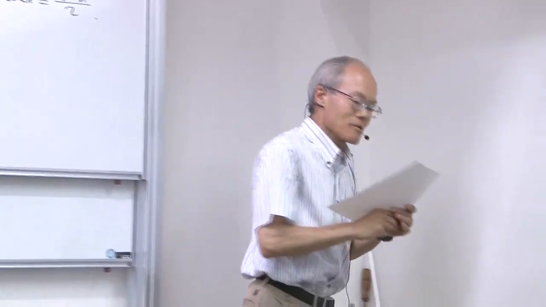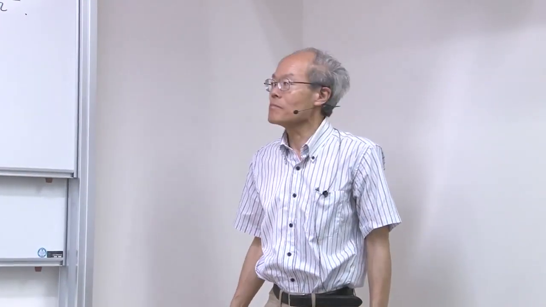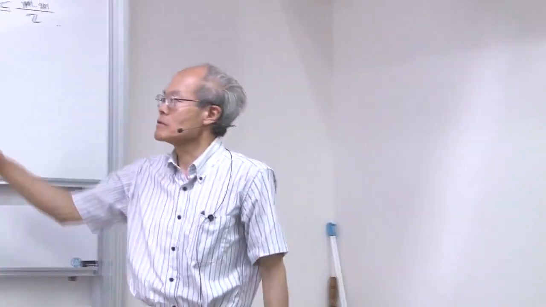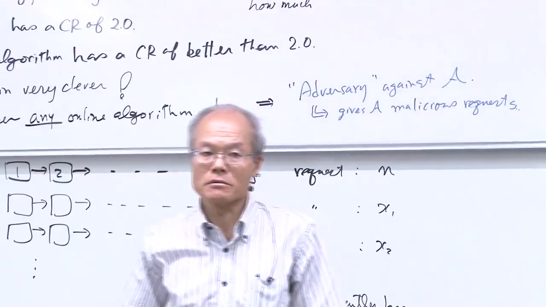Now, let's consider all permutations, pi 1, pi 2, through pi t. T is equal to n factorial, because the length of the list is n.